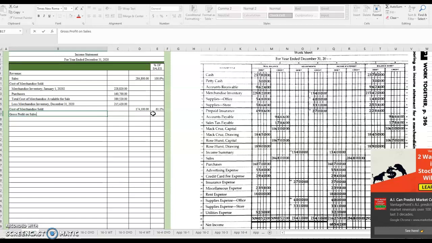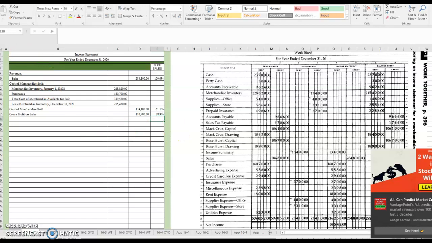So to get gross profit on sales, I'm going to do the equal sign, this, subtract this, and that's our gross profit on sales, 110. And the percentage, if you take 100 minus 61, you get 38.9%.